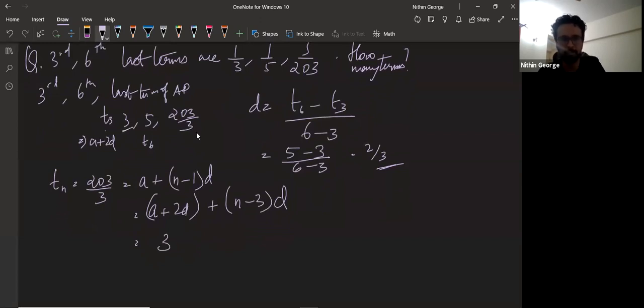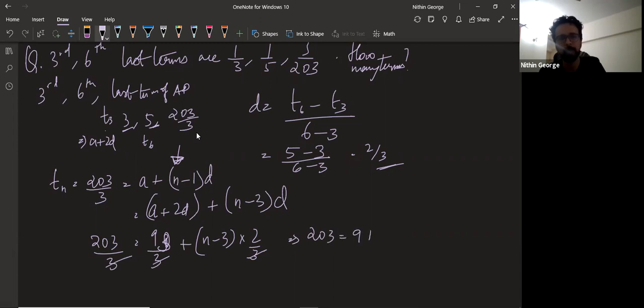Or you can find A from these two, that is also one way, and substitute it into this. So I do it this way: 3 plus (n minus 3) into D, which is 2 by 3, equals 203 by 3. So 3 becomes 9 by 3, the 3s cancel out. I get 203 equal to 9 plus 2n minus 6. Here, n is equal to 100.